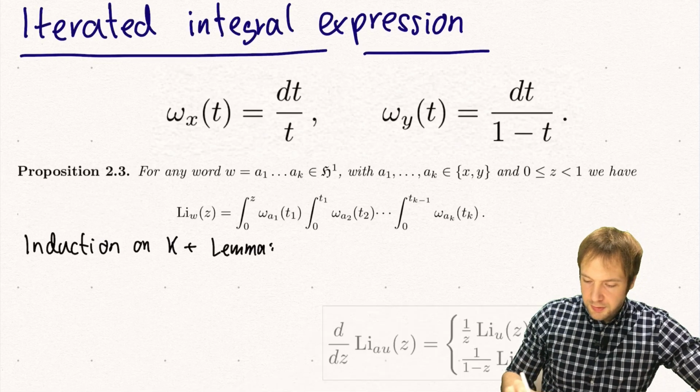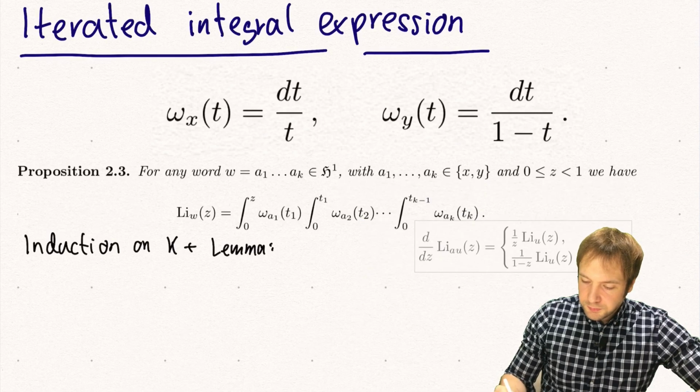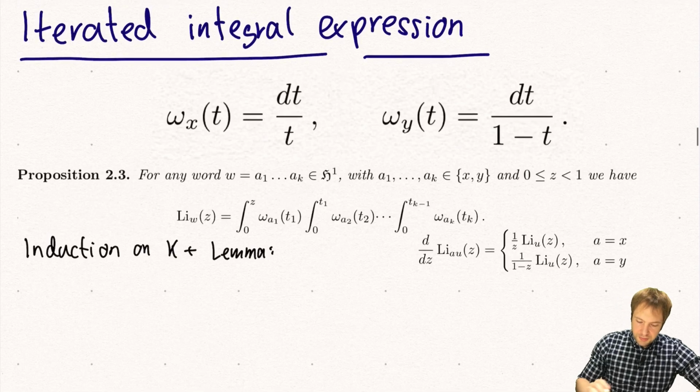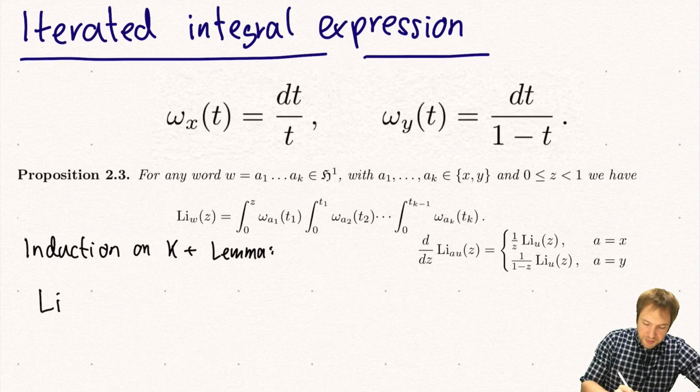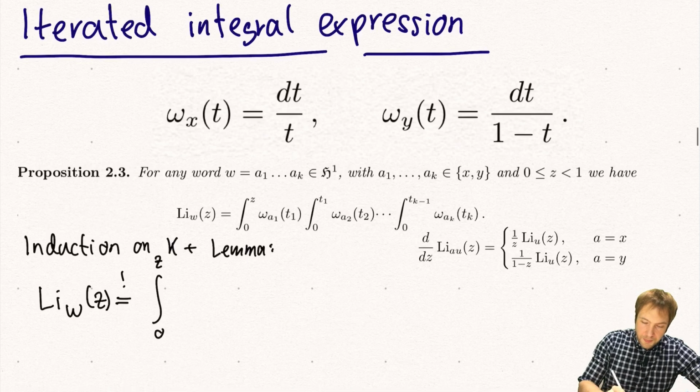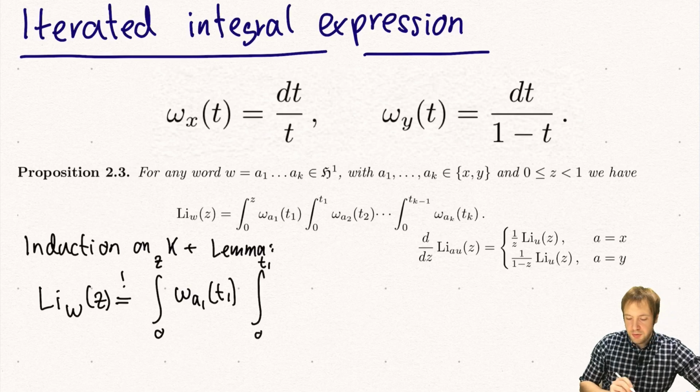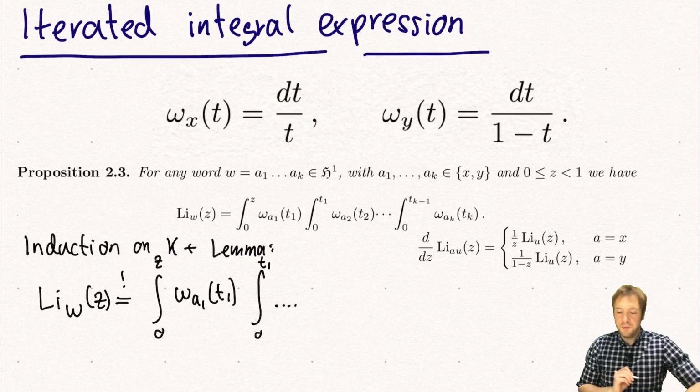So recall the lemma was this statement here. We want to show that Li w of z, so this is what we want to show, is given by the integral from 0 to z, and then omega a1 of t1, and then here we have another integral going up to t1 of the rest here.